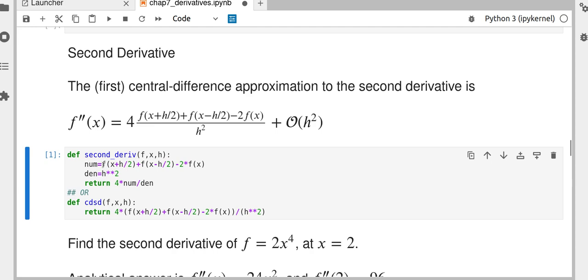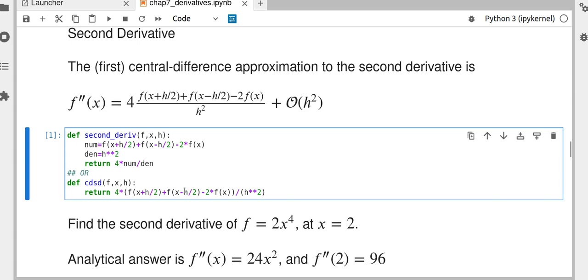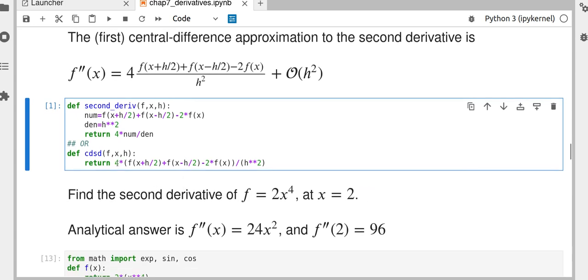Again, you code it in Python: f of x plus h over 2 plus f of x minus h over 2 minus 2 times f of x. This is the numerator, this is the denominator. Then we multiply everything by 4, so 4 times numerator divided by denominator. Or, if you like, you can write it as a single line of code, just return 4 times and so on.